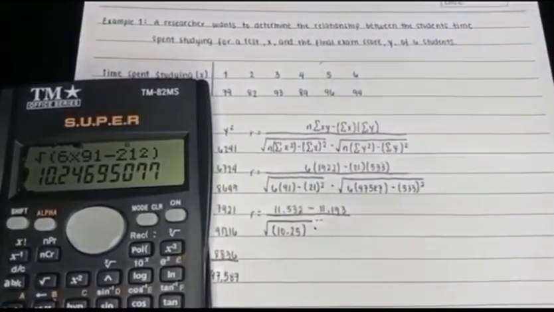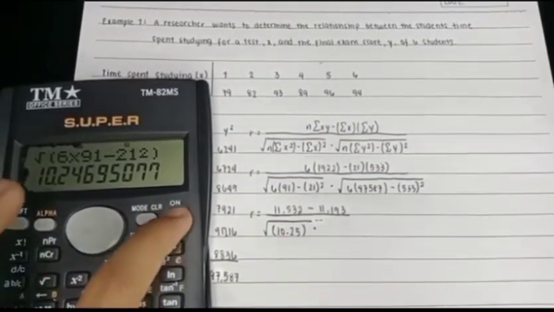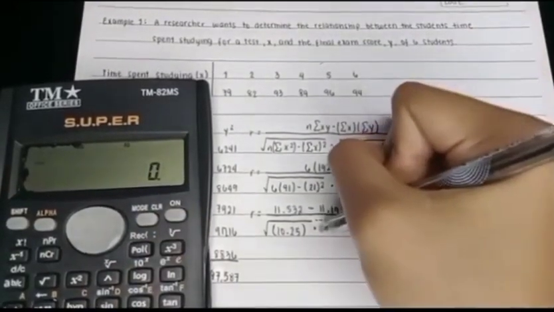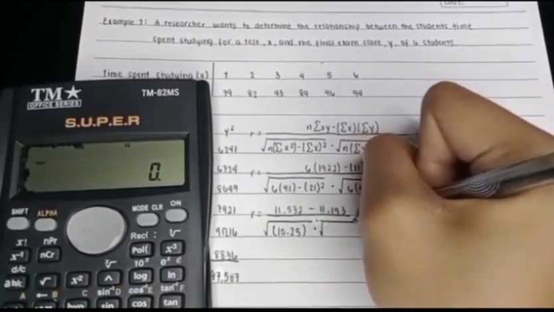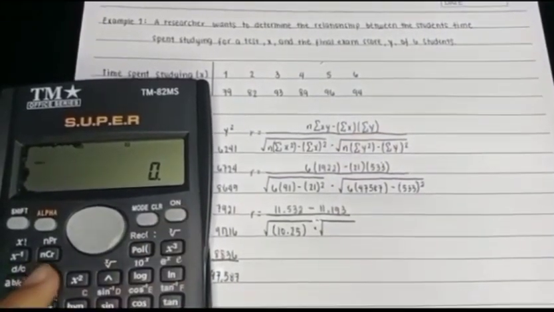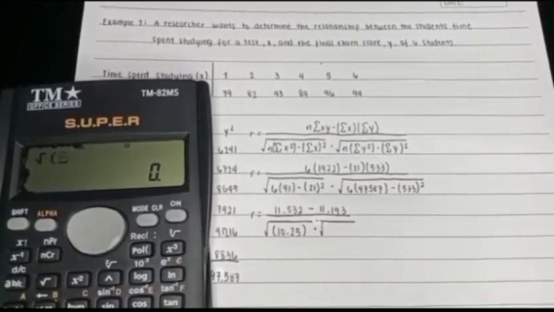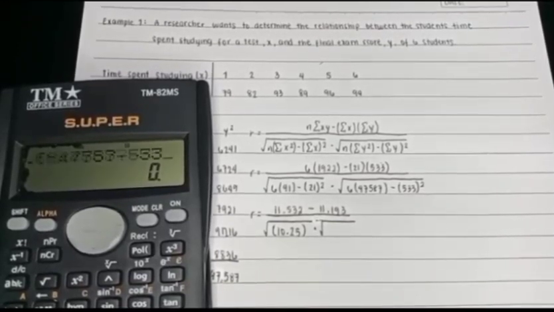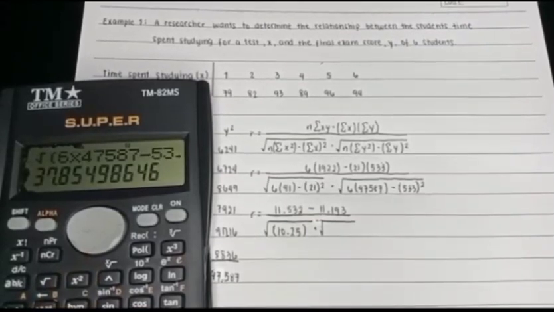Then the right side: the square root of 6 times 47,587 minus 533 squared. We got the total 37.85.